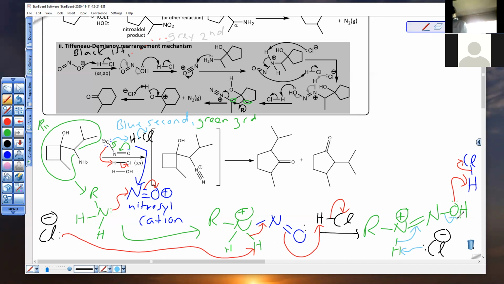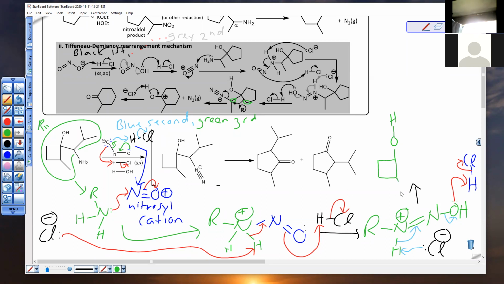Now I get a diazonium ion that I need to draw out not just once, but twice. Let's draw out what I see over on the very left of the page. We see a square attached to an OH. I'm going to show the sigma between the O and the H because it's going to break.